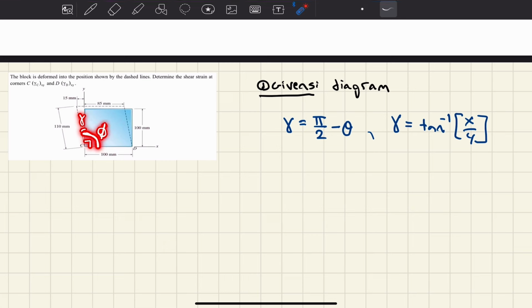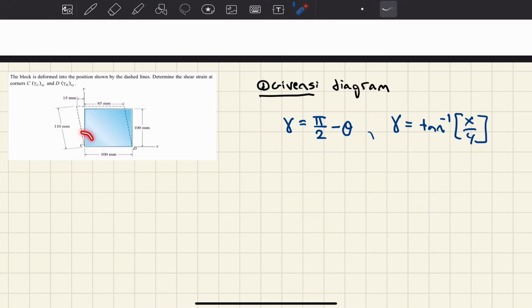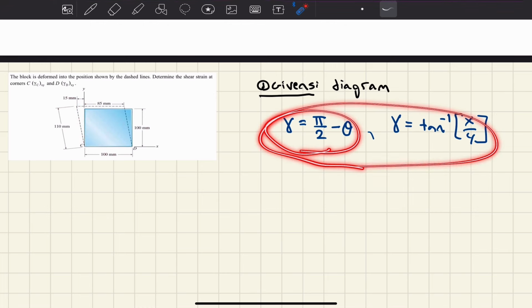In this case, gamma is not equal to pi over 2 minus phi, right? Instead, gamma is equal to phi minus pi over 2, right? If phi represents this full angle right here, and this is 90 degrees, you want to find theta, it's literally just trigonometry. So these are just general forms of these equations.